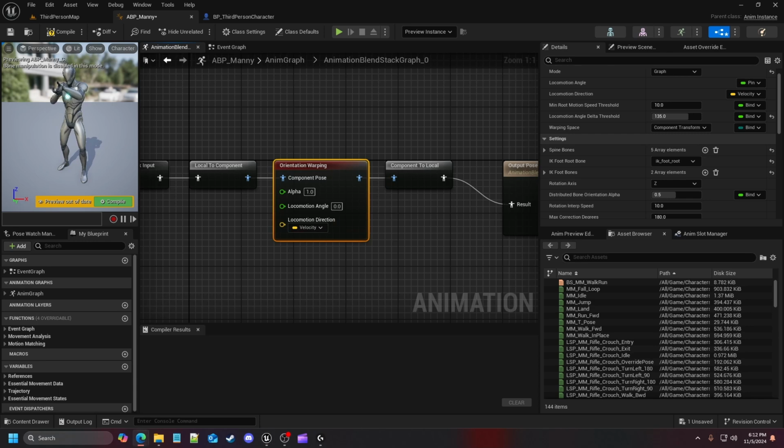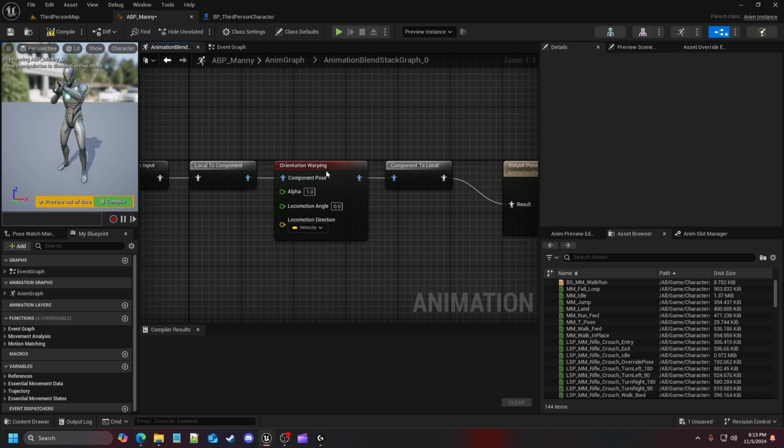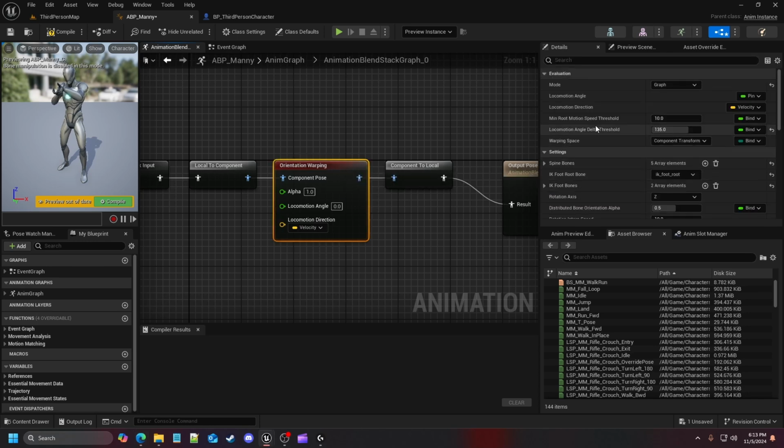So that is pretty much it for that. Now let's go over the main points with our orientation warping. Let's look over our evaluation section first. You see we have mode, which is our evaluation mode, and it either comes as graph or manual.